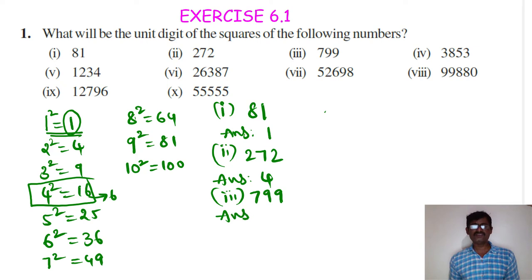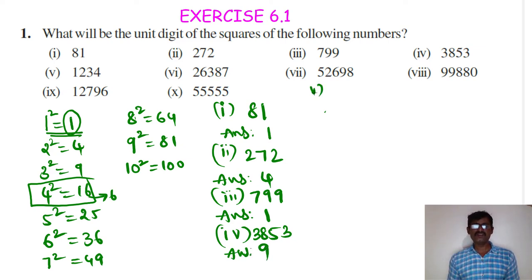So the answer for this one is 1. Now the next number is 3853. Here we have 3 in its units place. If you take 3 square, that is 9. So in the square of 3853, the digit in units place will be 9.